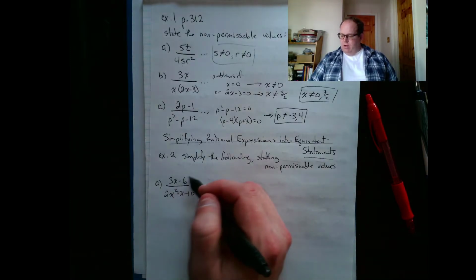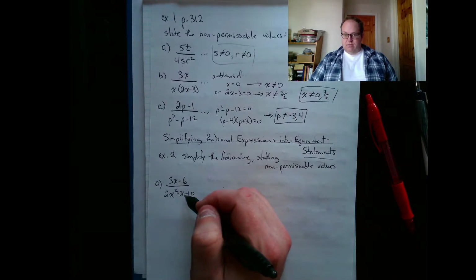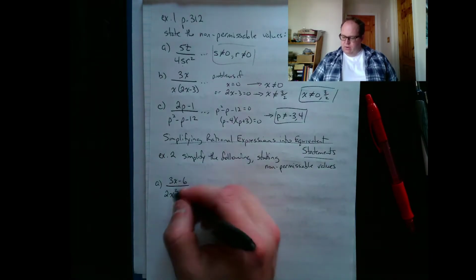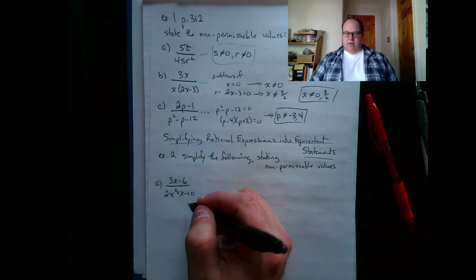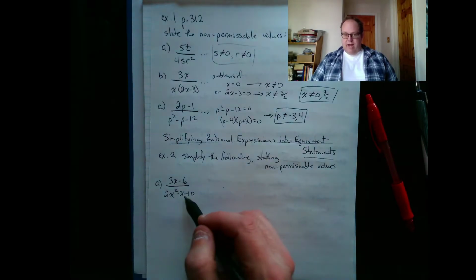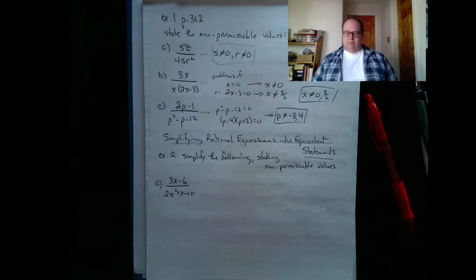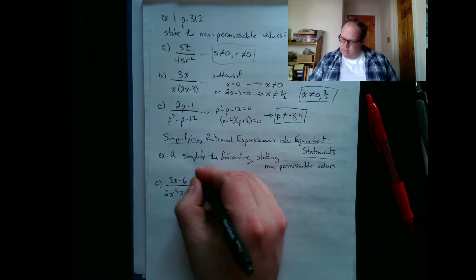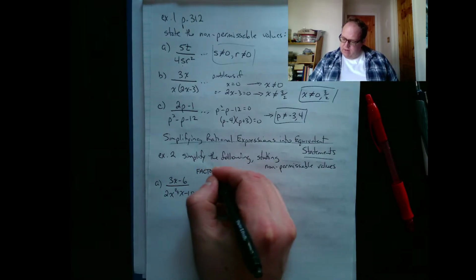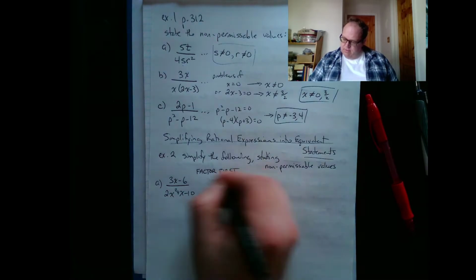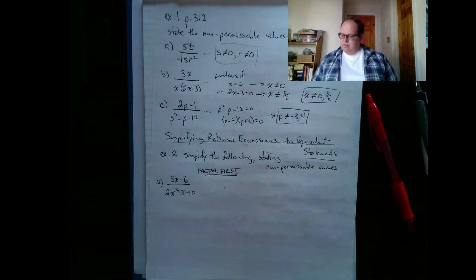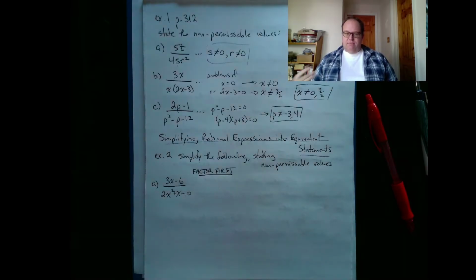Unless your terms are all being multiplied together, you cannot just cross stuff out top and bottom. If you've got little parts here that you're adding or subtracting, no canceling. Don't do it. You have to put this thing into a fully factored form before you can start to talk about canceling and simplifying things. So, factor first. Can't stress that enough. If it can be factored, factor it.